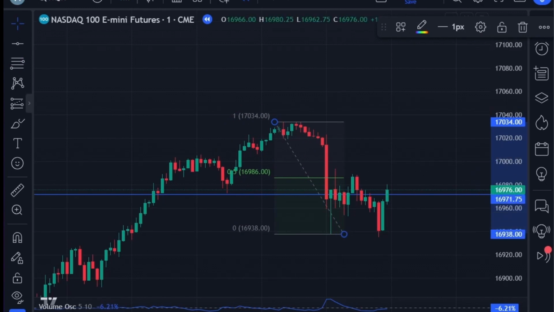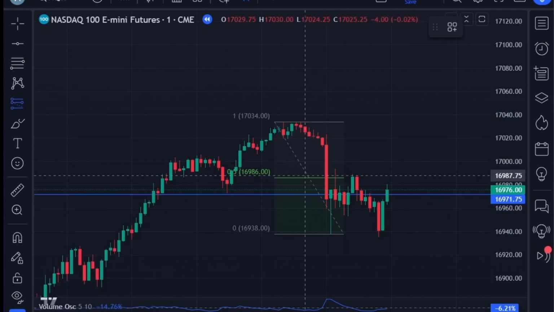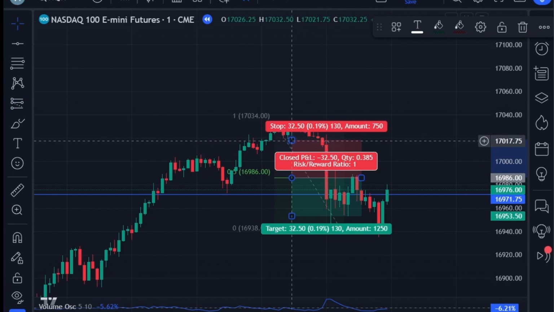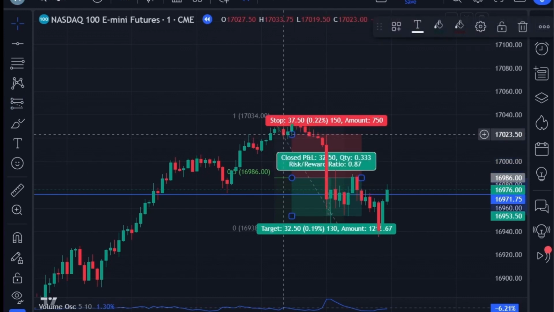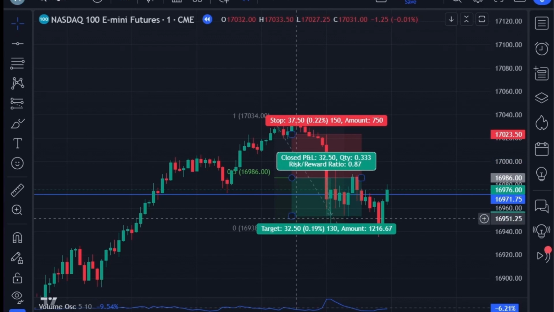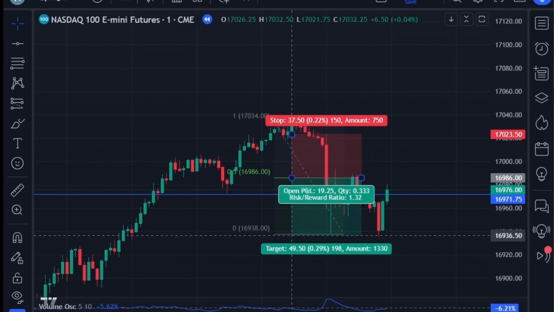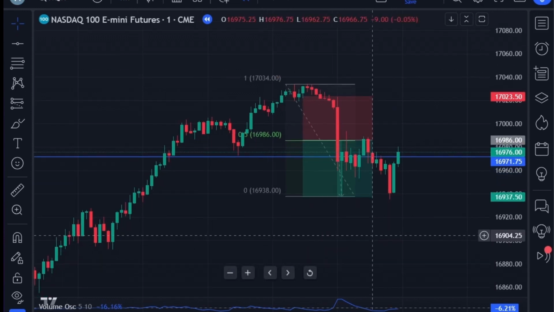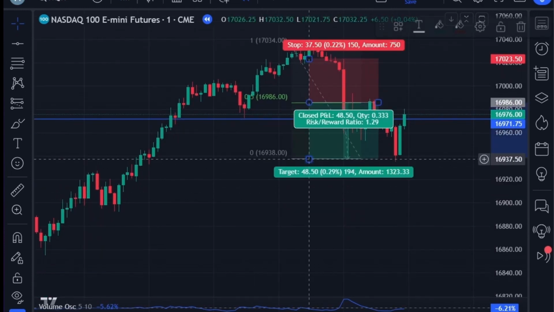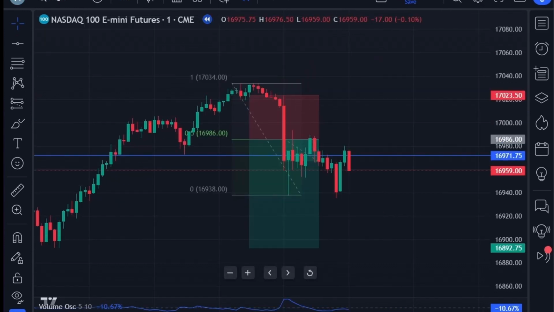You will be taking a short entry above the fair value gap right here. And our take profits would be at this level, or the next low works as well. You could target either one, it's fine.